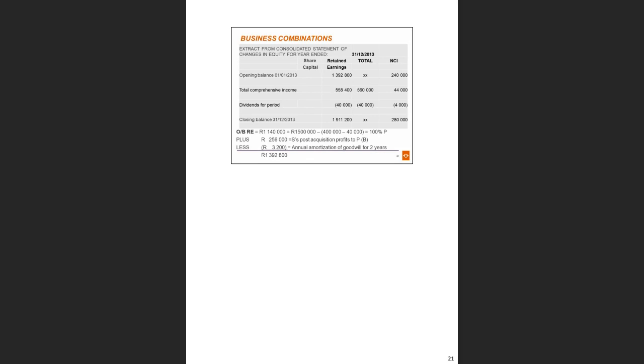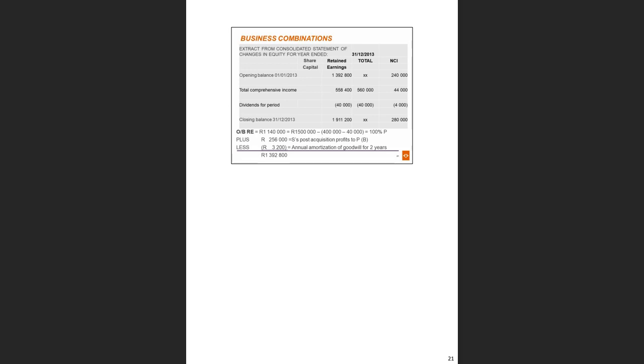Okay, so this 256,000, this is S's post-acquisition profits to P, but it's that portion that is in the opening balance of retained earnings. It is not the current year portion. Then we also need to account for the annual amortization of goodwill for 2 years. So this amortization for 2011 and 2012 also would have reduced the retained earnings.